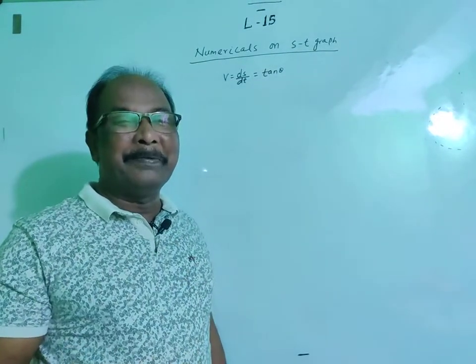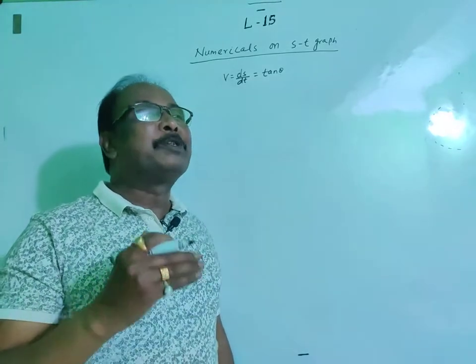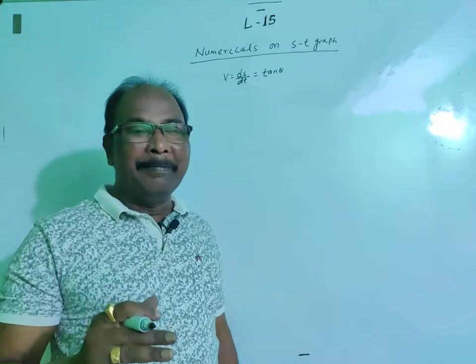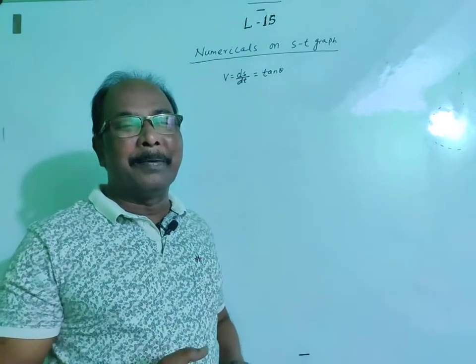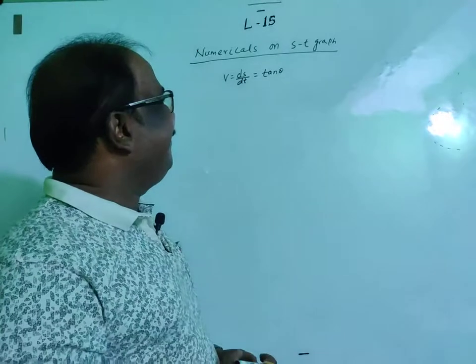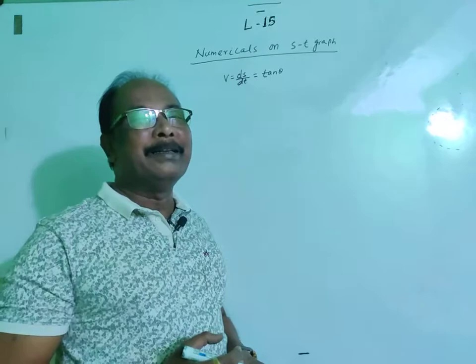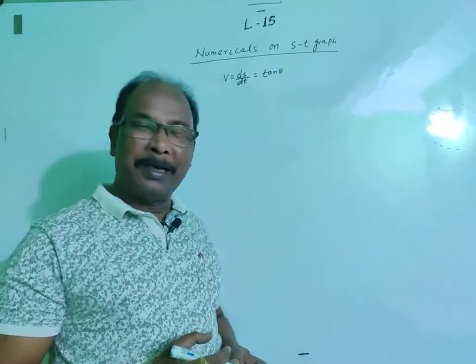Velocity can be negative because it is a vector quantity, and speed can never be negative because distance can never be negative. This is our basic concept: we can calculate velocity from the slope of the displacement time graph.